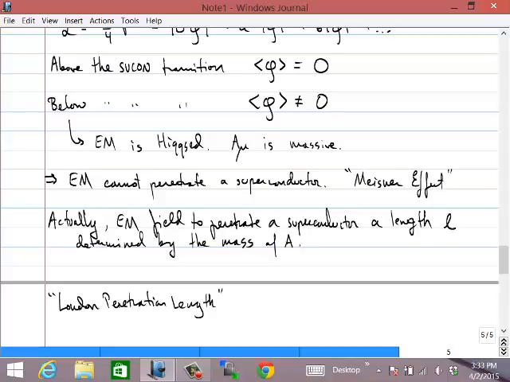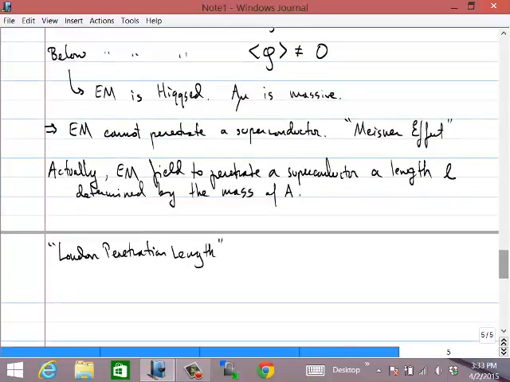And we're now in a position to calculate this. So remember that the electromagnetic field now has a mass. What is that mass? Well, it was the gauge coupling squared times v squared, the vacuum expectation value. And what is v?